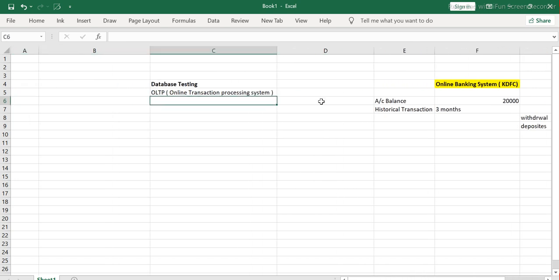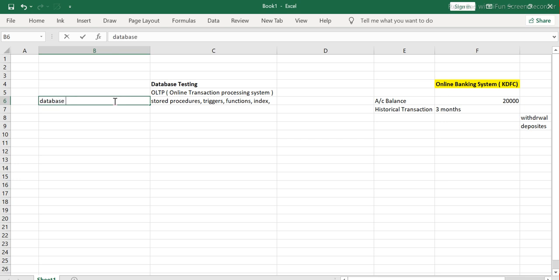So as part of database testing, we also need to test other database objects like stored procedures, triggers, functions, and you also have to check indexes, etc. Basically, these are called database objects.